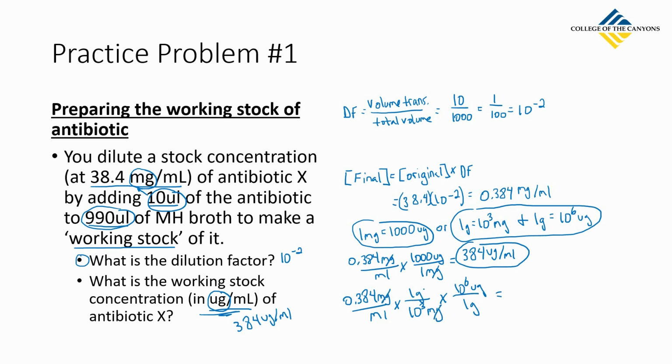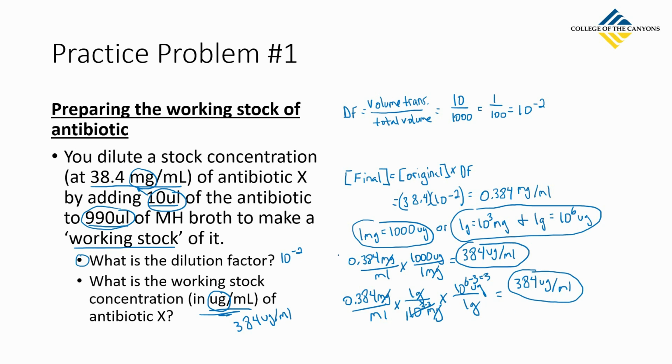See, the milligrams cancel, grams cancel, we're only left with micrograms. Here we have 1,000,000 divided by 1,000, so we subtract the exponents. That would be 10 to the 0, so that's just 1. Then we have to subtract the exponent here too. So 6 minus 3 is 3, so this becomes 10 to the 3rd, or 1,000. So now we're back to 0.384 times 1,000. So that's 384 micrograms per mil. So you get the same answer, just with an extra step there.